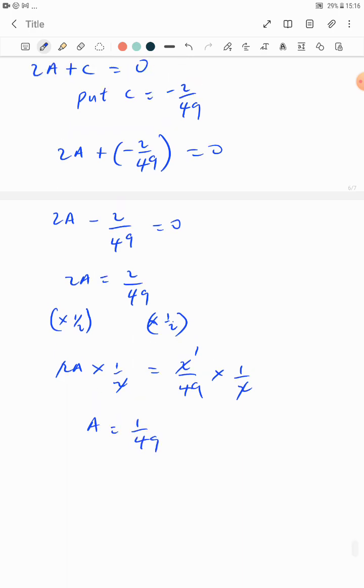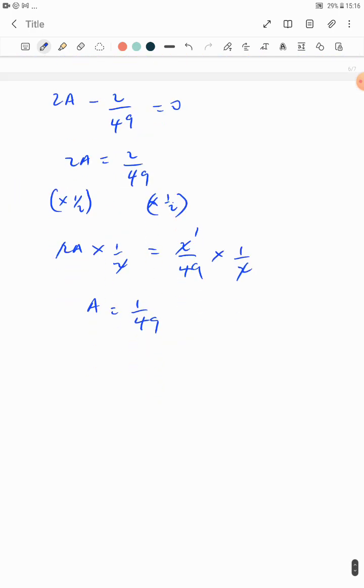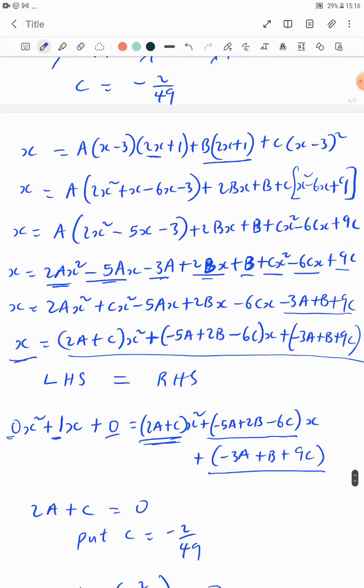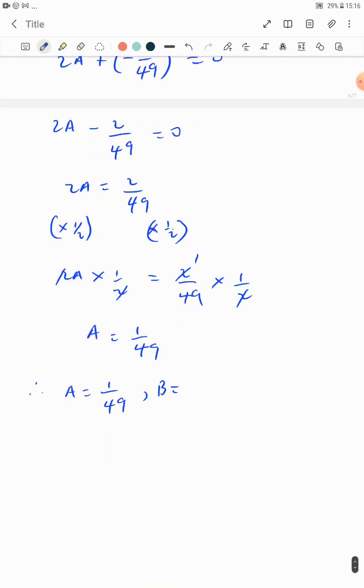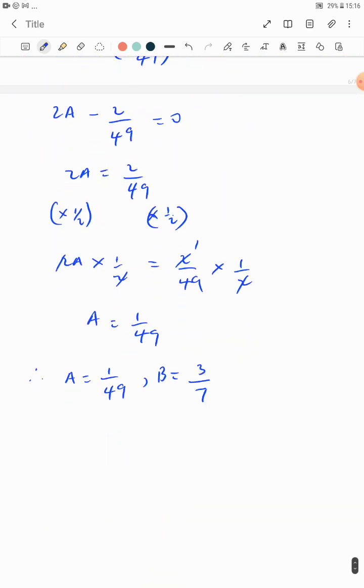Right? So we have gotten our a. You can say therefore A equals 1 over 49. Our B is 3 over 7. And our C, I think we just use that, is minus 2 over 49.